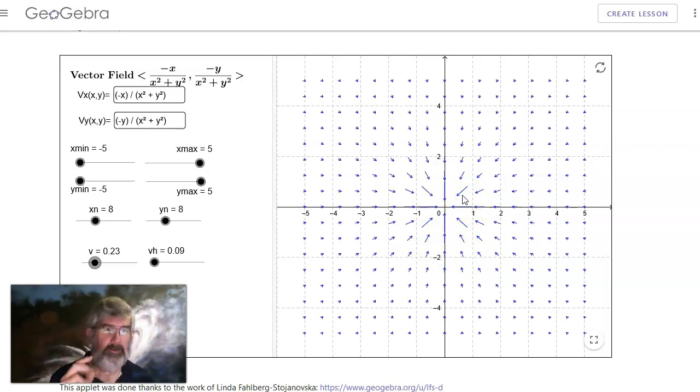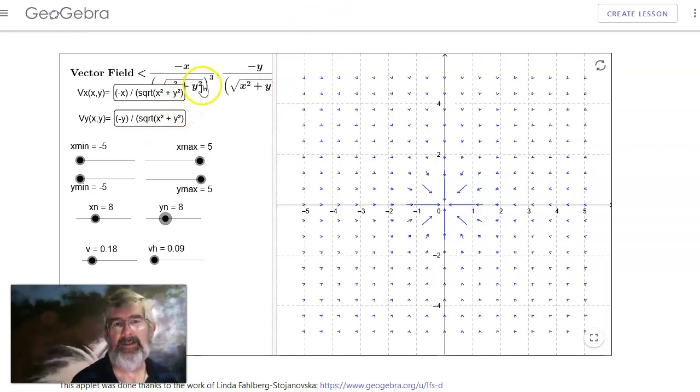However, gravity generally works on the force of the gravity is proportional to the reciprocal of the square of the distance, right? Inversely proportional to the square of the distance, where this is actually just inversely proportional to the distance. So I need to divide everything by that square root of x squared plus y squared again.